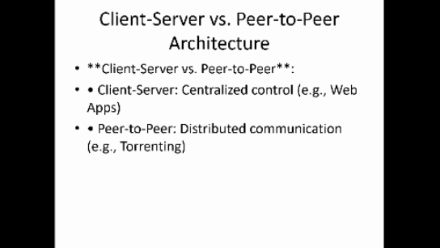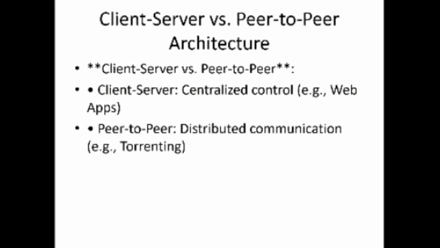Client server versus peer-to-peer architecture. Client server means centralized control. Example, web apps. Peer-to-peer means distributed communication. Example, torrenting. The client server is basically for one primary system, there can be many secondary devices.